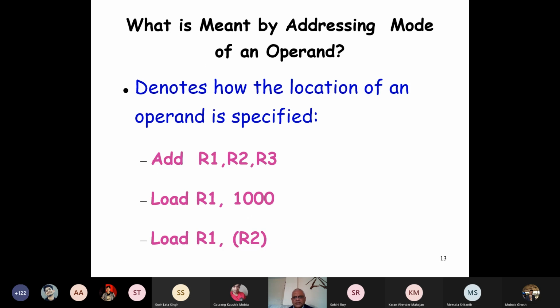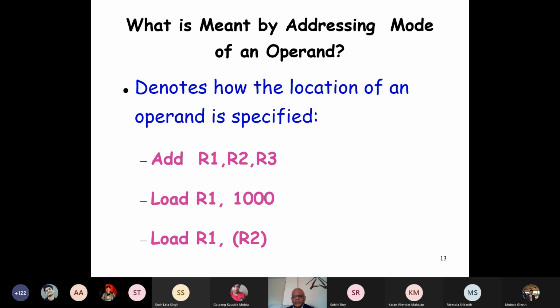Now let's look at the next concept, the addressing mode of an operand. Somebody may ask you this question if he knows that you've done a computer architecture course: what do you mean by addressing mode of an operand? To give a very short answer, the addressing mode of an operand denotes how the location of the operand is specified.